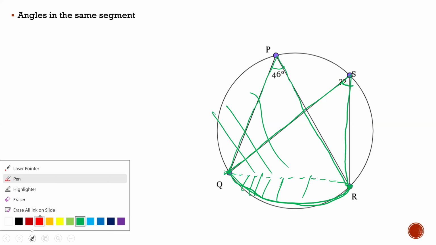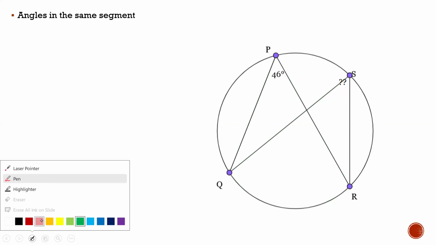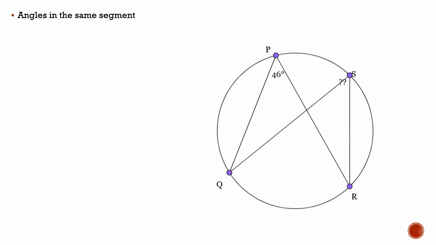Even if you had something like this, let me give you an example. Let's say this point touches somewhere here. As long as it goes back to here, this angle is also going to be 46 because it's subtended by the same arc, QR, the same points, and it's also touching a part of the circumference.